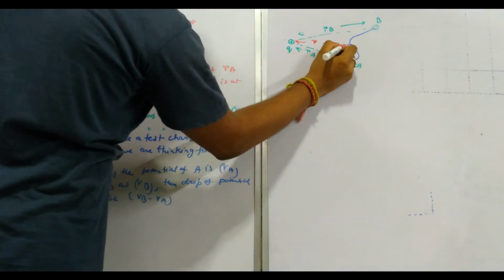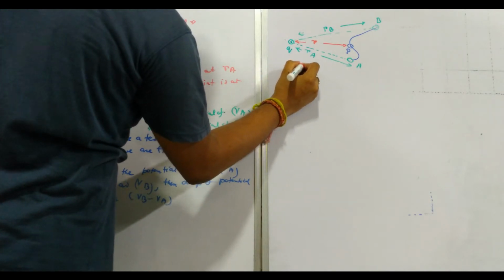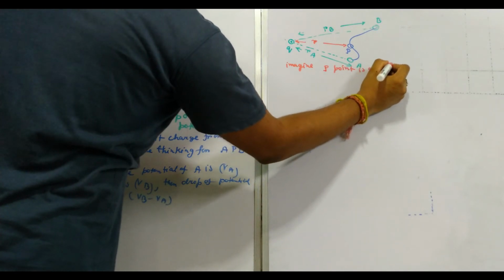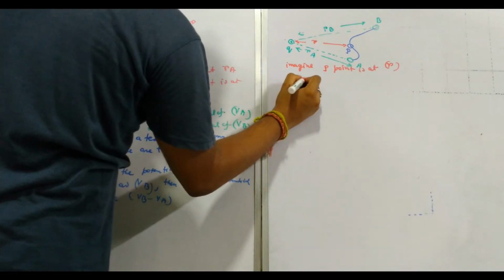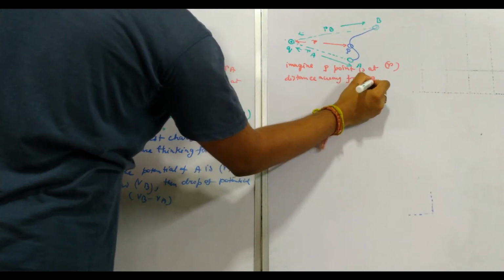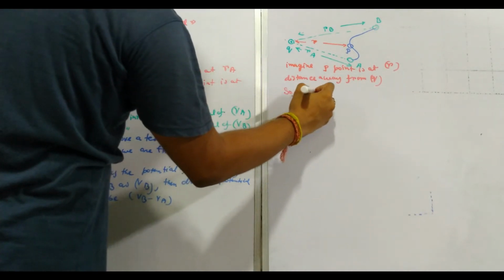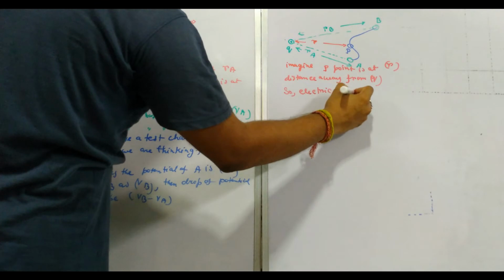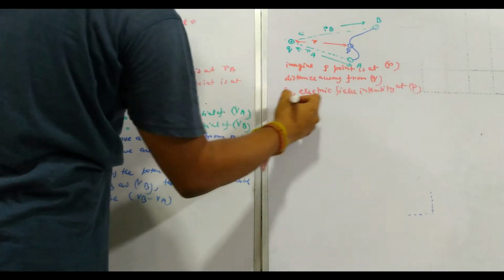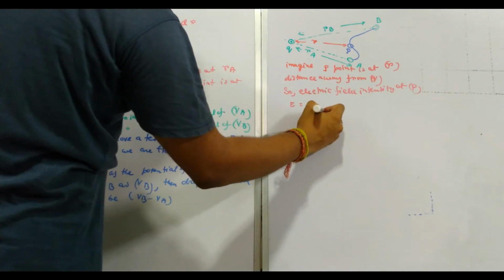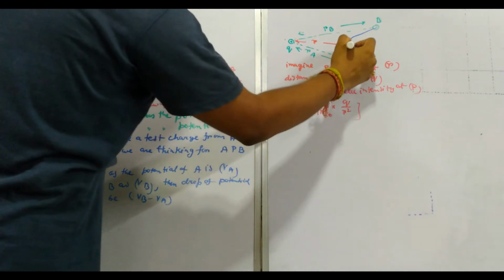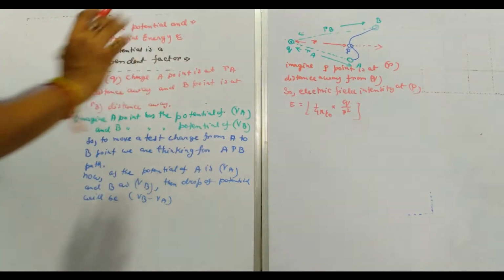So imagine the P point is at R distance away from Q. So the electric field intensity at P will be 1 by 4 pi epsilon naught into Q by R square. Clear? Which will have the direction in this way, right?